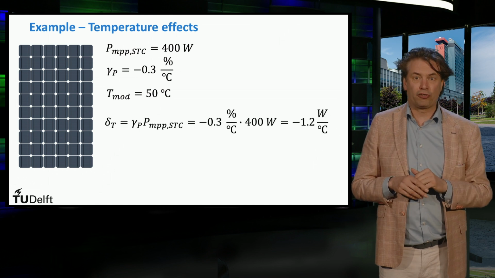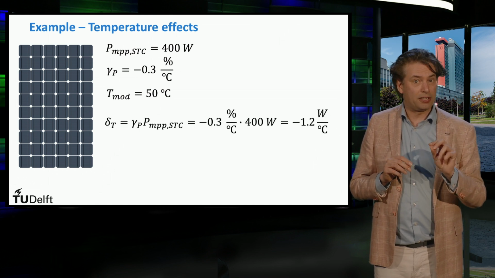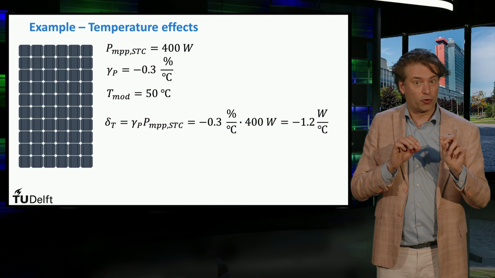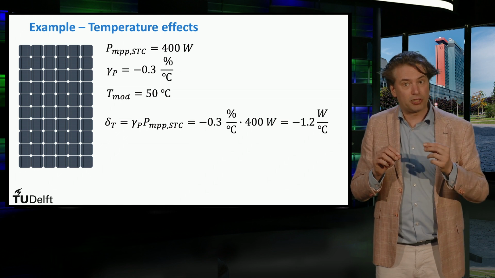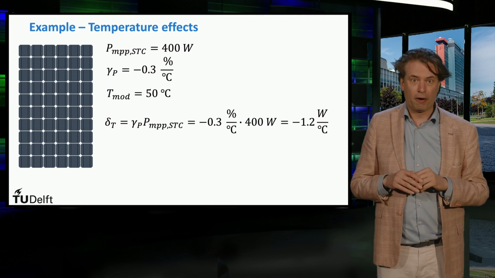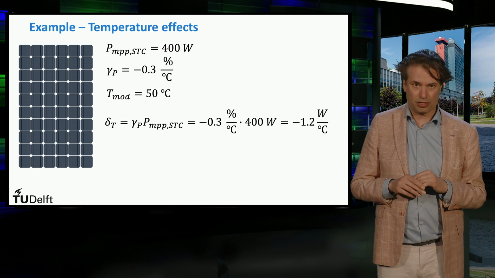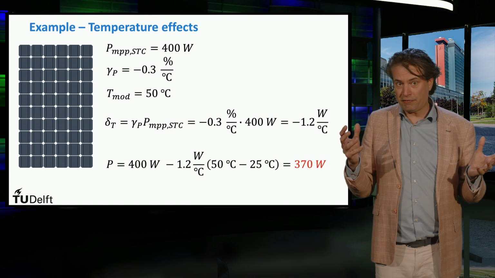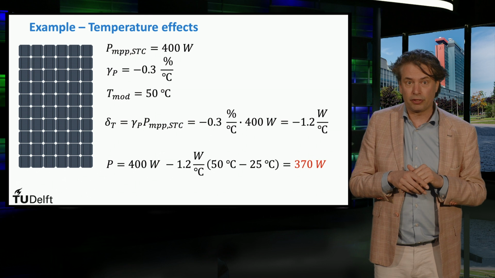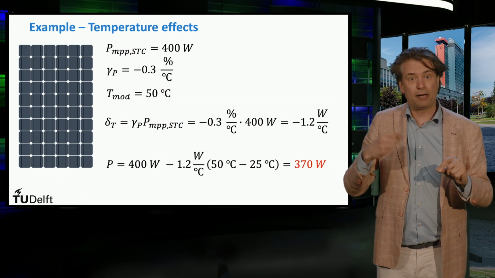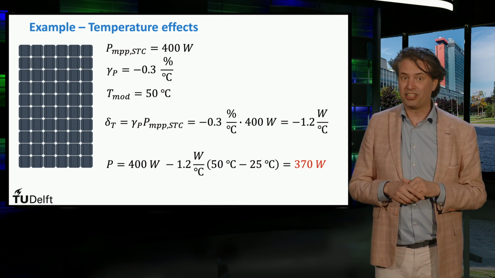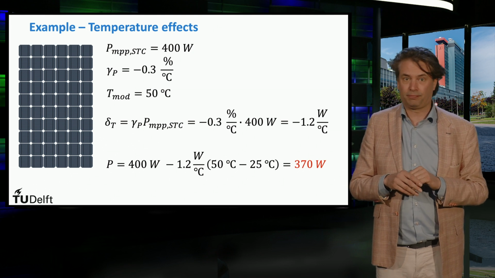A temperature coefficient for power of minus 0.3% per degree Celsius and a power at the maximum power point of 400 watt results in 0.3% per degree Celsius times 400 watt, which is 1.2 watts of reduction of power per degree Celsius temperature increase. The power at 50 degrees Celsius is then 400 watts plus minus 1.2 watts per degree Celsius times the temperature difference, 50 minus 25 degrees Celsius, which makes 370 watt at 50 degrees Celsius.